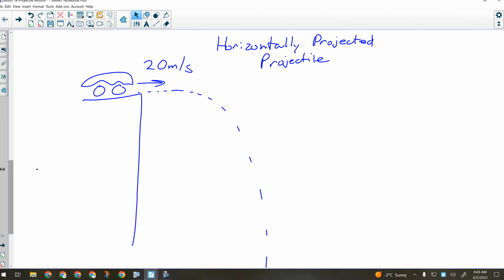The cliff is going to be 100 meters tall. How far from the base of the cliff does the car hit the ground?